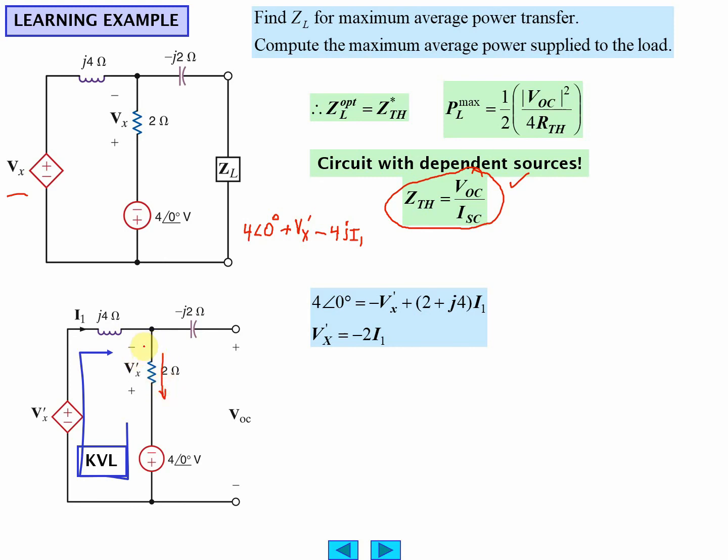Now Vx prime, this potential here, because the current I1 is going this way, this potential here is going to be less than this one. But we have the sign convention here. That means Vx prime is going to be negative. Just remember that. But for right now, I'm just going to write it as a voltage drop, minus 2I1.